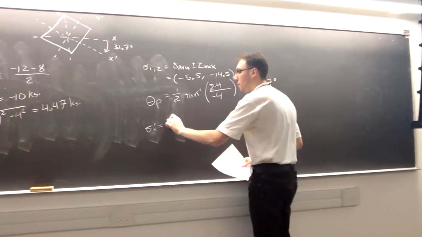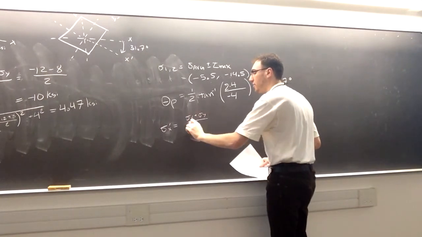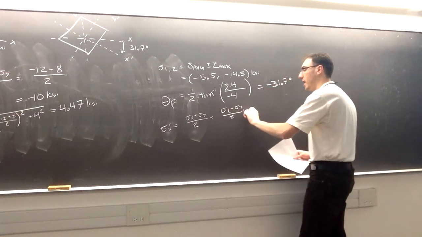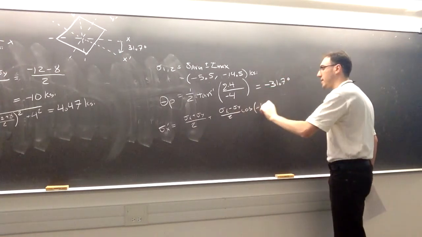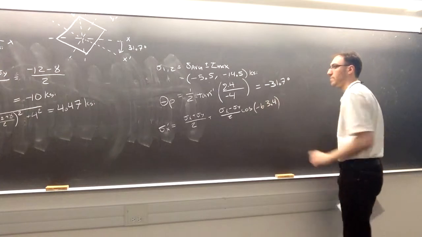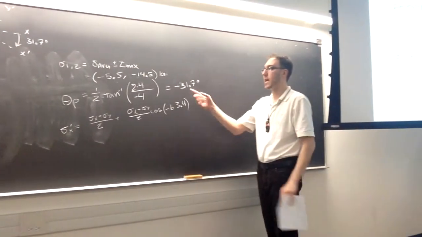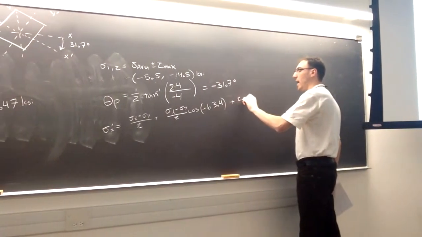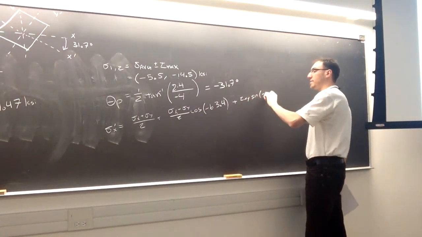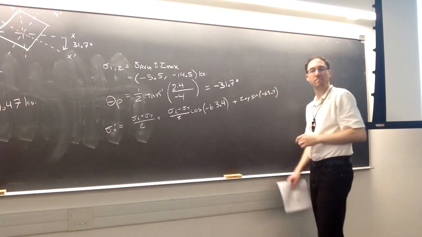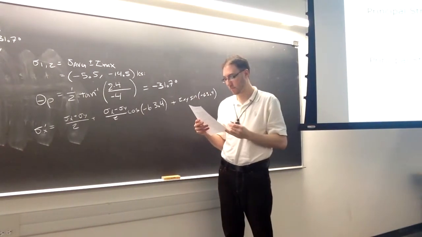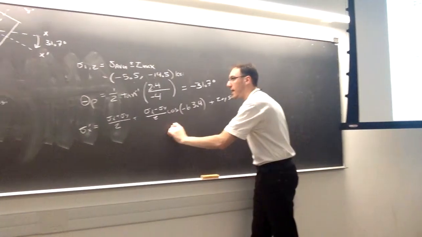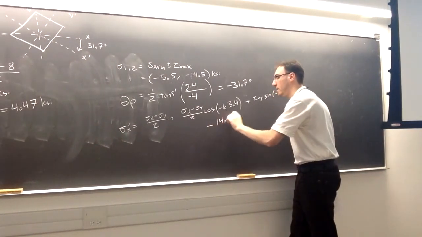So as we saw before, sigma x prime equals sigma x plus sigma y over 2, plus sigma x minus sigma y over 2 times cosine of negative 63.4, 2 times this angle that we're rotating here, plus tau xy sine negative 63.4. And we should get here negative 14.5 KSI.